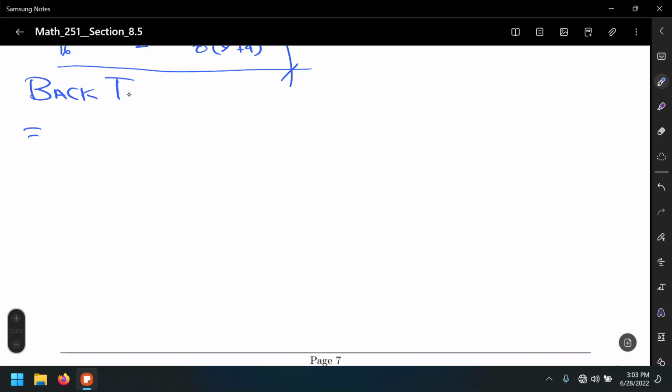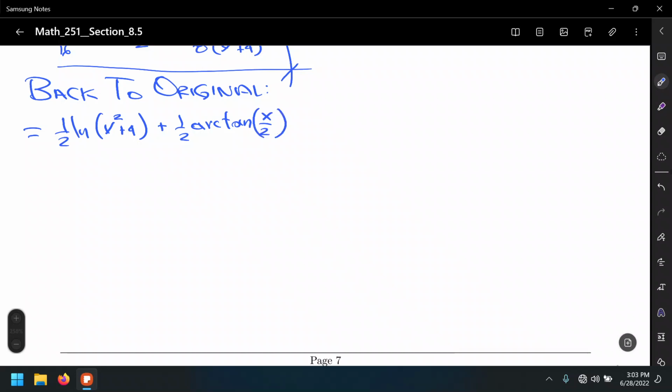Back to original. So that's 1/2 ln of x squared plus 4, alright? Plus the result of the second integral, that is 1/2. Did we get arctangent? And then here is where we include our coefficients.